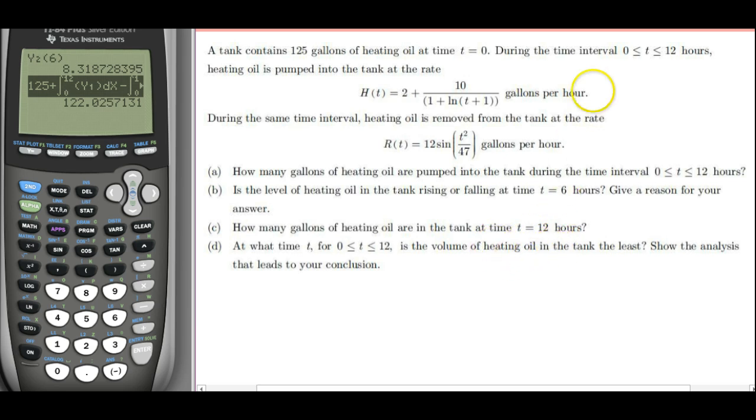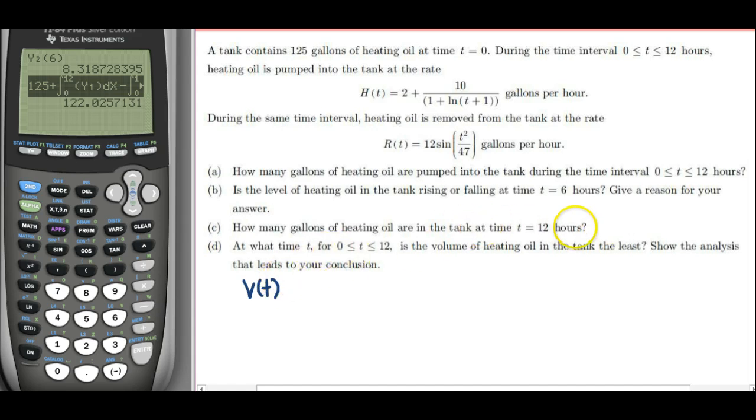Now, right now, what I have in terms of functions is the rate of change of oil entering and the rate of change of oil leaving. So I don't have a function right now that represents the total amount of oil in the tank at any particular time. But I'm pretty much going to have to write one. So I'm going to call that function v of t, so for the volume of oil in the tank.